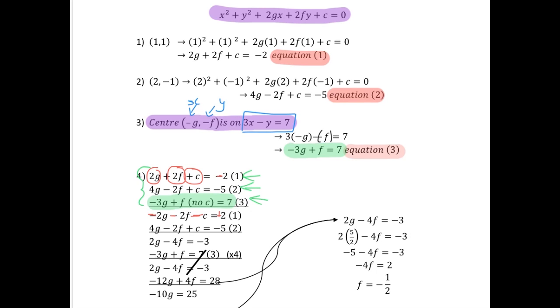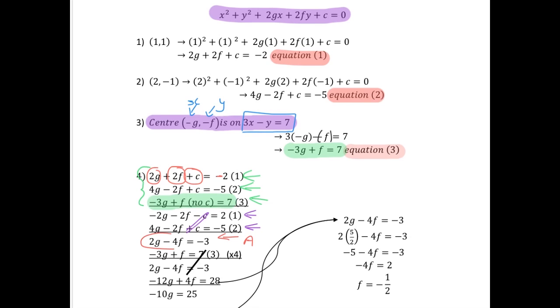Once we do that, if we add our new equation 1 and equation 2, the +c and -c cancel, leaving us with -2 + 4 gives us 2g. Then -2f minus another 2f gives -4f, and then 2 - 5 gives us -3. So now we have this equation here, let's call it equation A.